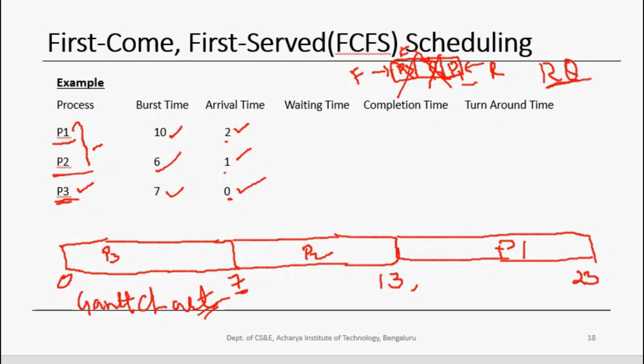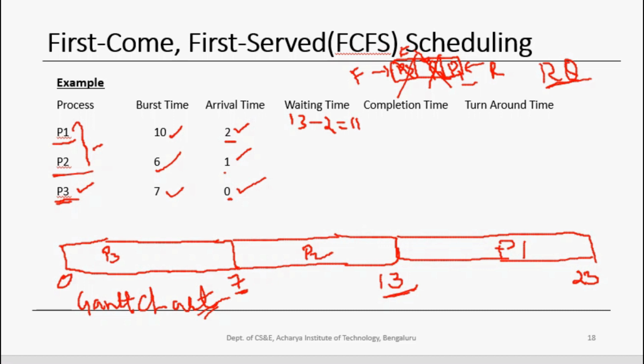What is the waiting time of process P1? P1 arrives into the ready queue at time t is equal to 2, and gets CPU at time 13. So therefore its waiting time is 13 minus 2, that is equal to 11.